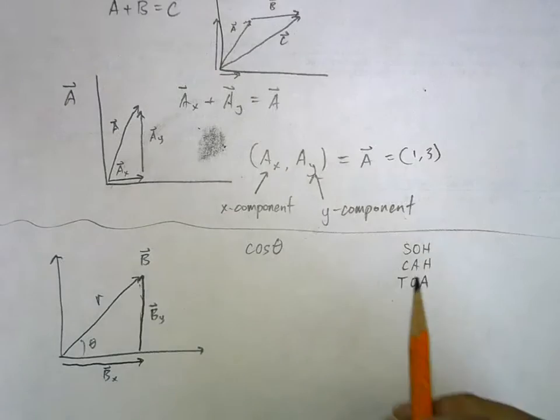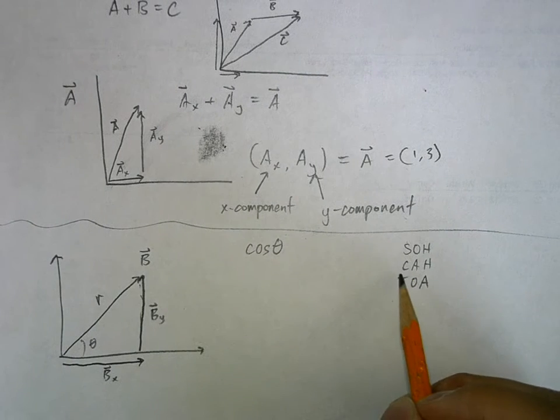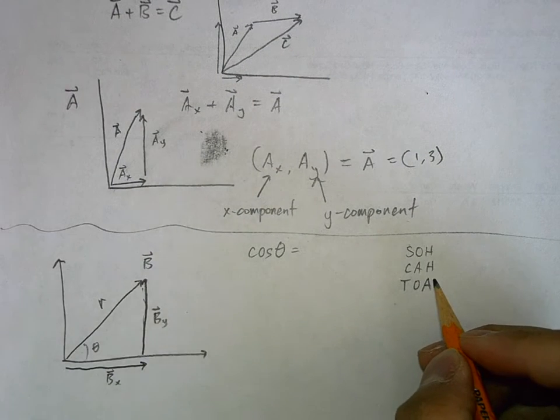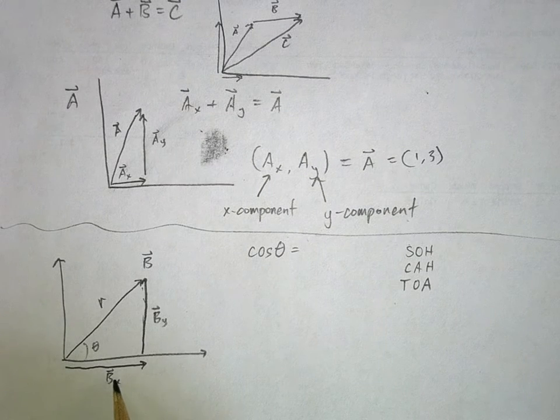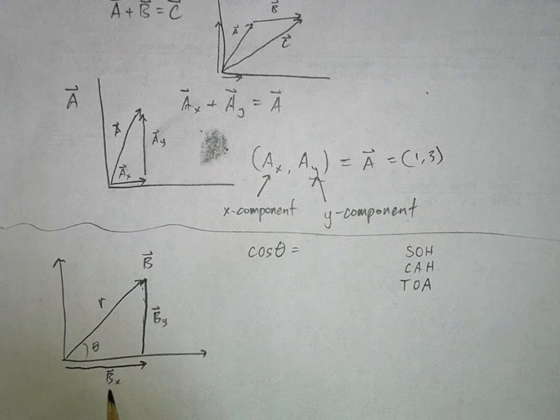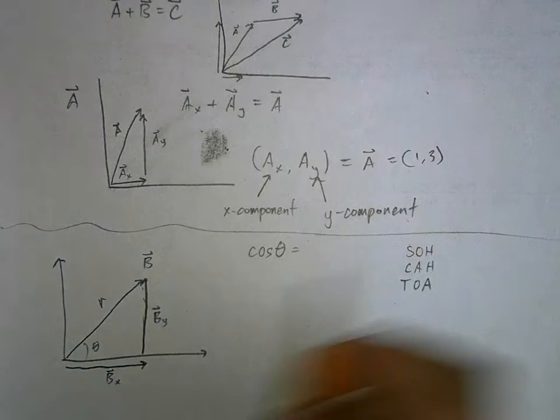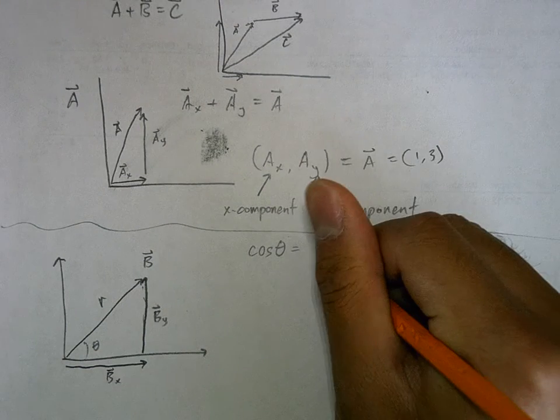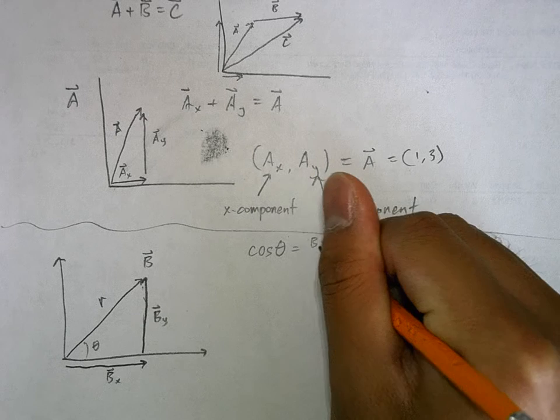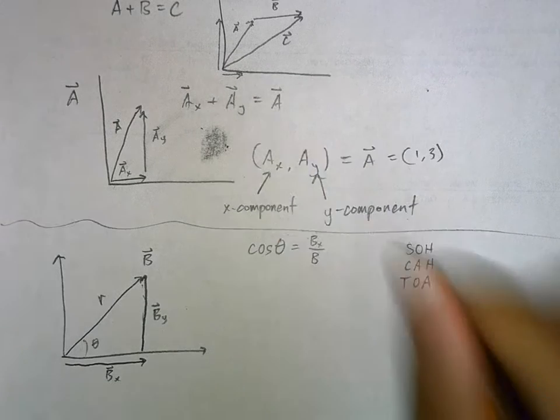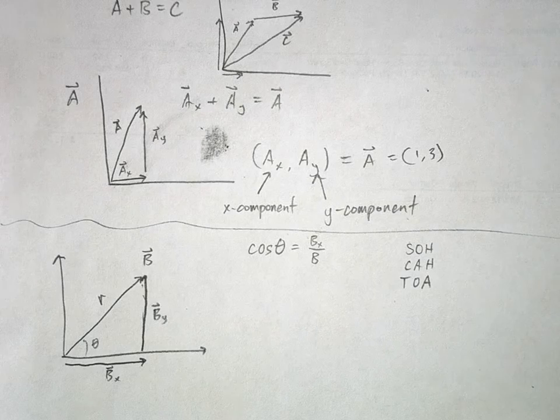So we're using cosine here. Cosine equals the adjacent over the hypotenuse leg. Here's our adjacent leg down here. So if we take this adjacent leg, or b sub x, and put it over the hypotenuse, then we have our equality. That length is r, or you can say b. The full length of the vector is b.